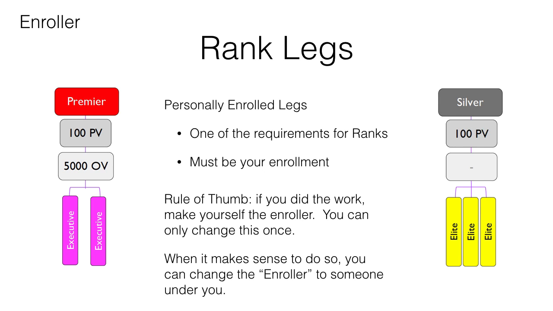So that's one of the strategies you can use to achieve your rank legs. Just remember that the enroller status is important when you go to reach these higher ranks. It has to be someone that you have enrolled that reaches that rank to reach those leadership ranks.